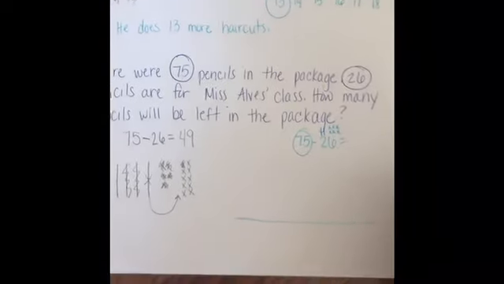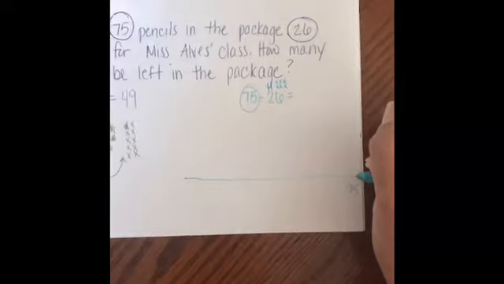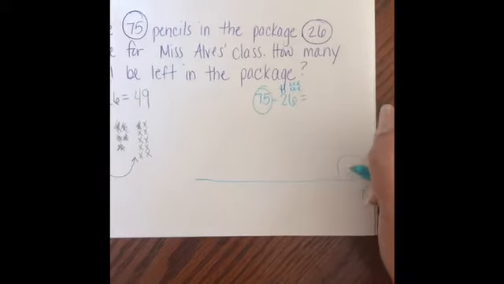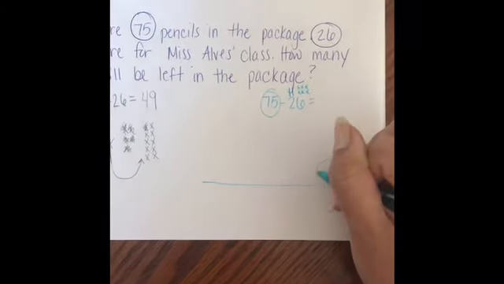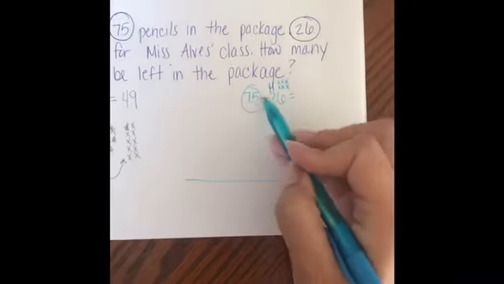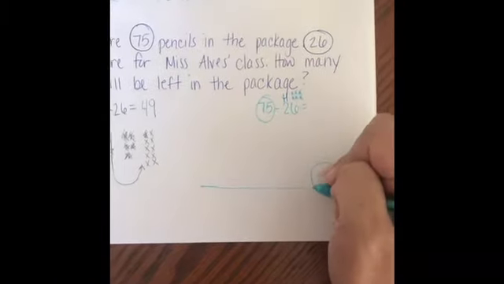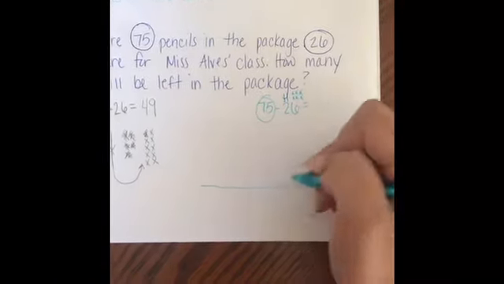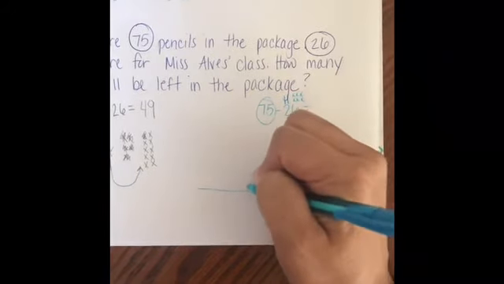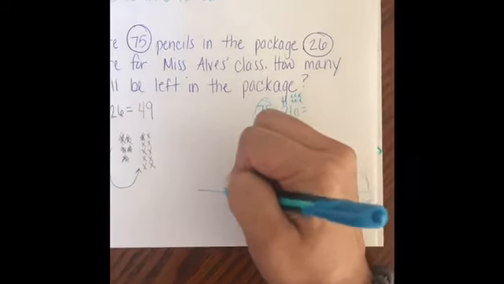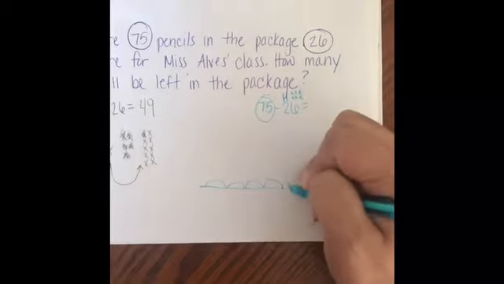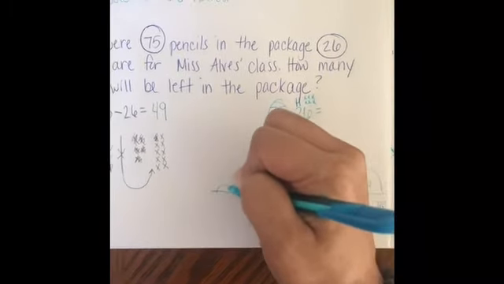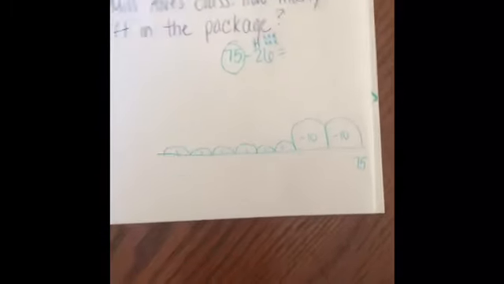So we have 1, 2 rods, 2 jumps, and 1, 2, 3, 4, 5, 6. I'm going to just put a 1, even though I'm subtracting, because I can't really fit more than that.